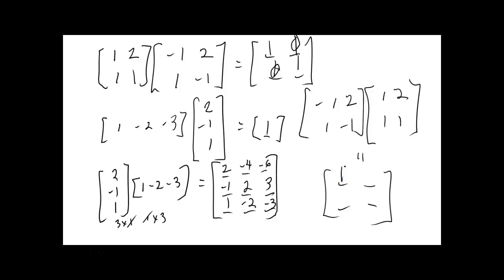Pick another entry. Second, 1, 2. So what would you multiply? Column, that would be 0. Okay. Next. 2, 1. So you multiply. No. 2, 1. Second row by first column.